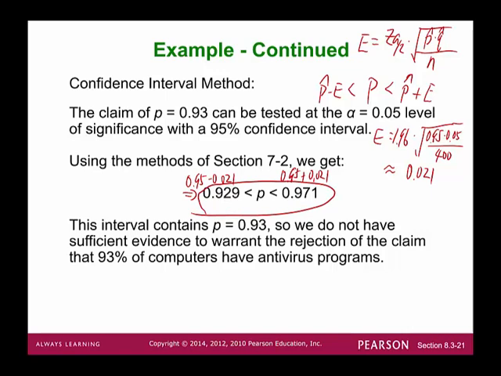And this is the confidence interval. This confidence interval does contain the population proportion p, which is equal to 0.93. So we do not have sufficient evidence to warrant a rejection of the claim that 93% of the computers have antivirus software. So basically, you have 3 methods to make a conclusion about the claim.